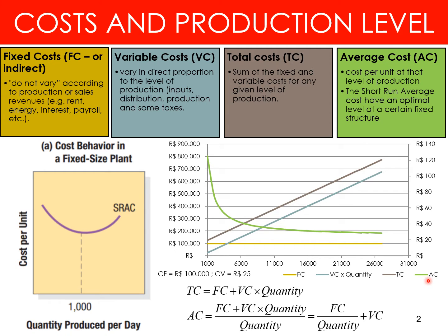But let's look at this last line here, the average cost. If you produce too few units, like 1,000 units, your average cost per unit will be very high, like 800,000 reais. But as you increase your production level, your average cost will be reduced, because you have more units to divide the total cost by, reaching a smaller average cost.